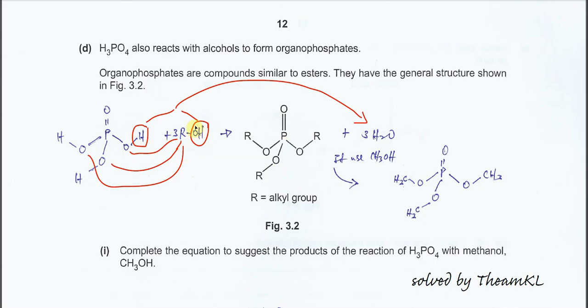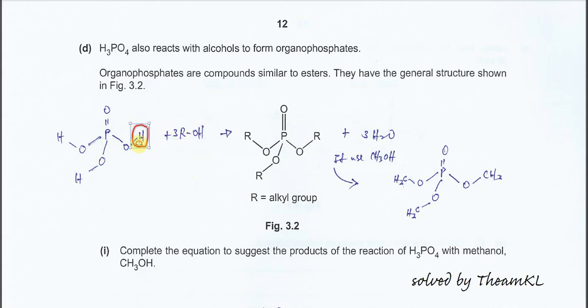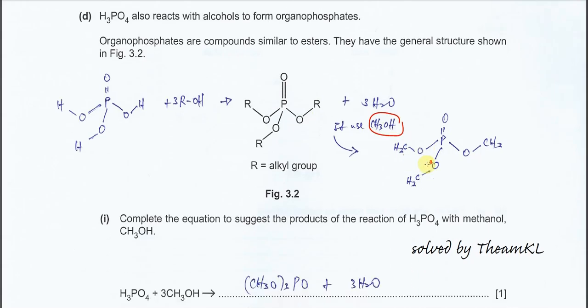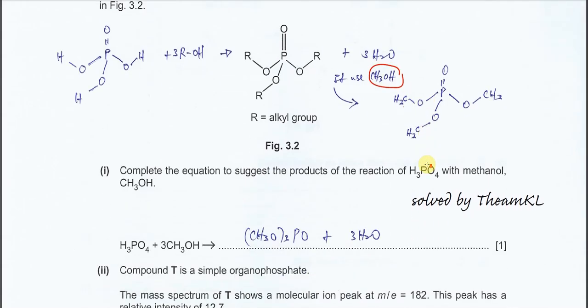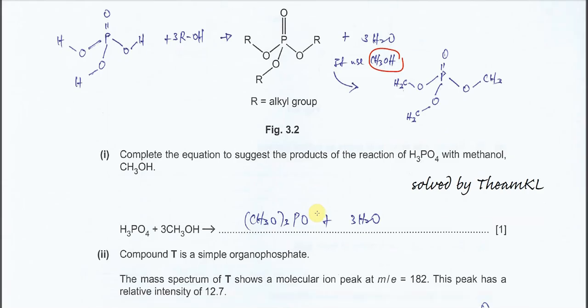So this is how it looks. If methanol is used, the R group is CH3. So the organophosphate that forms is this one. If you understand what I stated, then you will know how to form this equation.